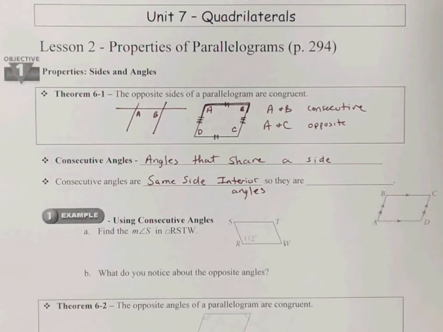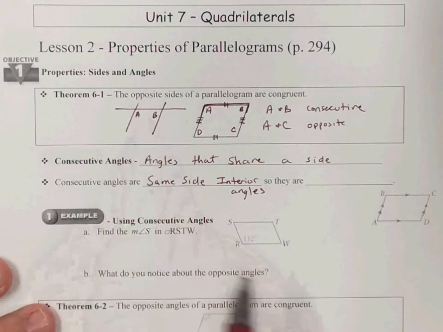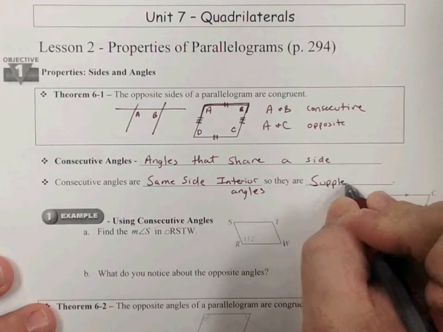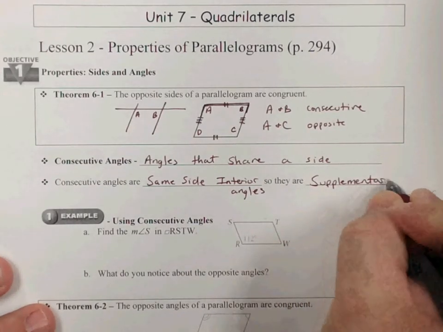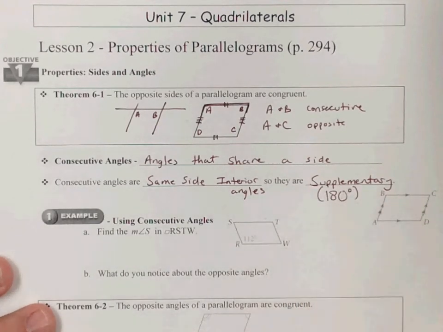And if you remember, same side interior angles are going to be supplementary. And supplementary means they add up to be 180 degrees.